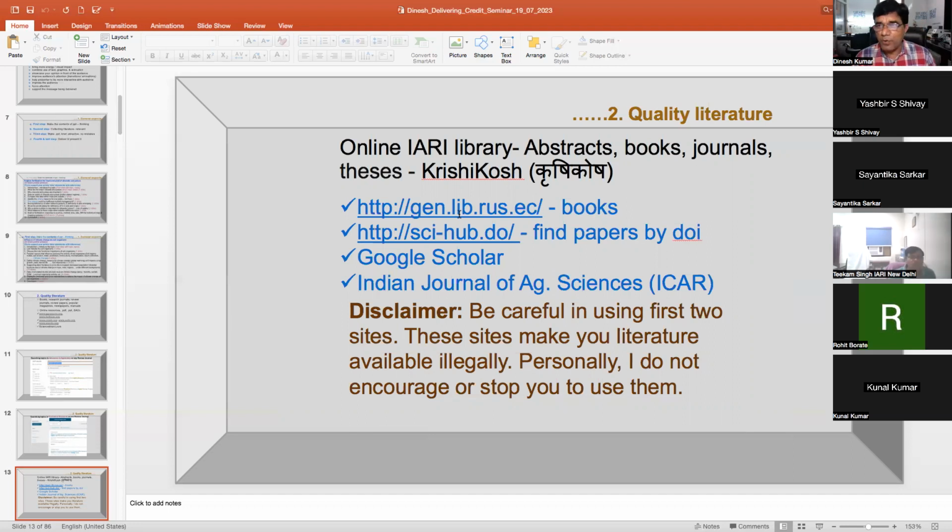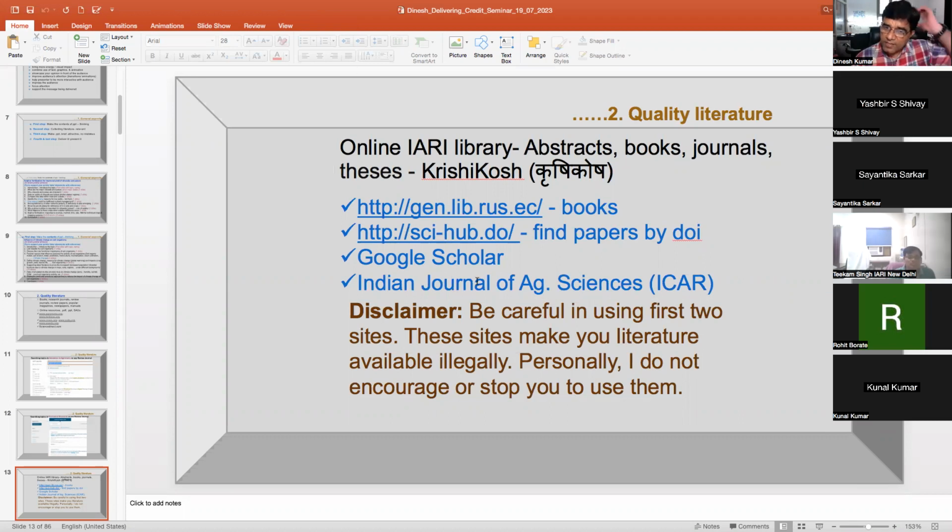Here you can download most of the books from Springer or other publishers. And then this is scihub.do, and it can have TH also, BZ also. A number of countries have names here. So you can find books as well as literature or research papers. Google Scholar is also a good source of information.